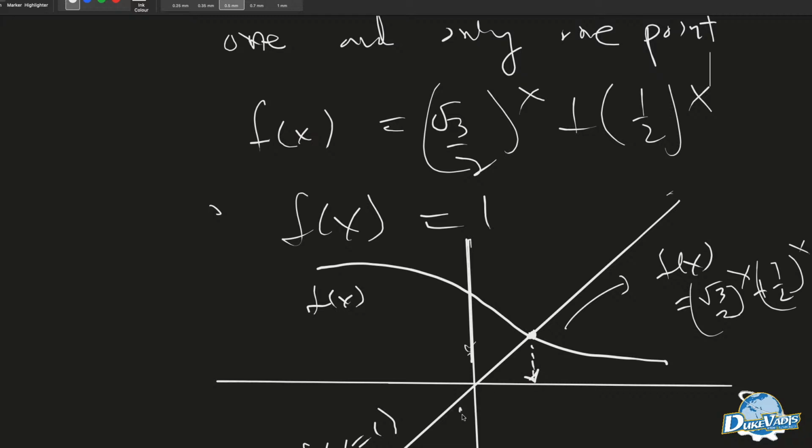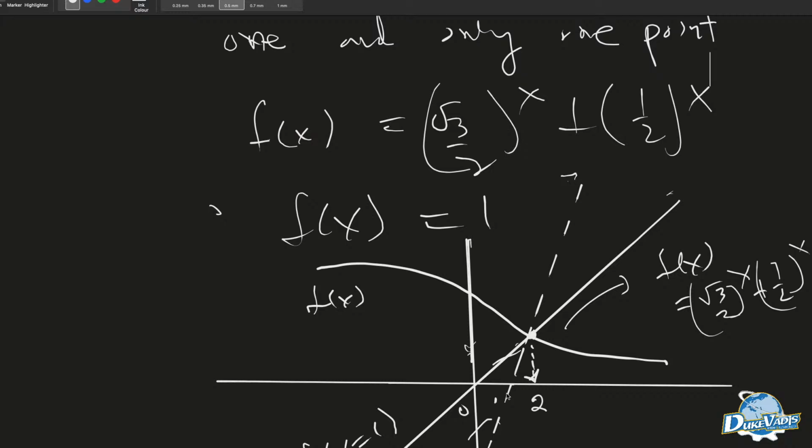Even if f of x passes through the point 1 here, like that, where x equals 1, we see that the value of 1 is not the real value.